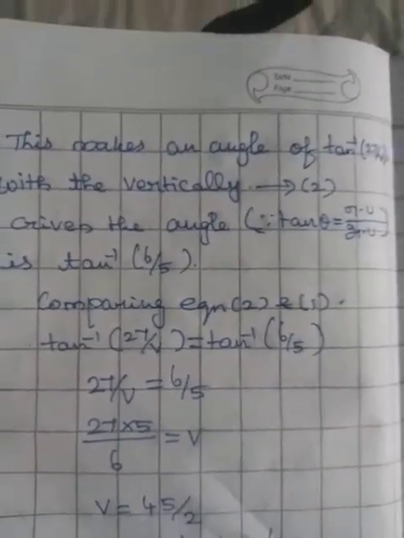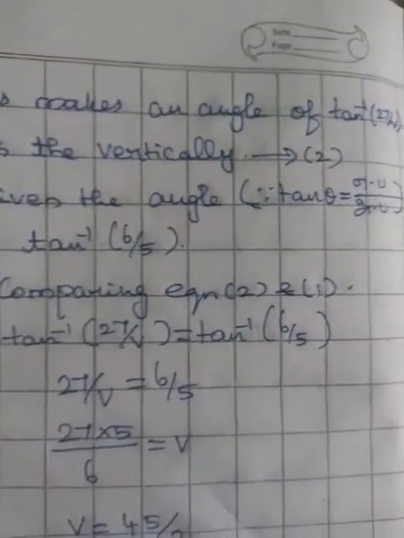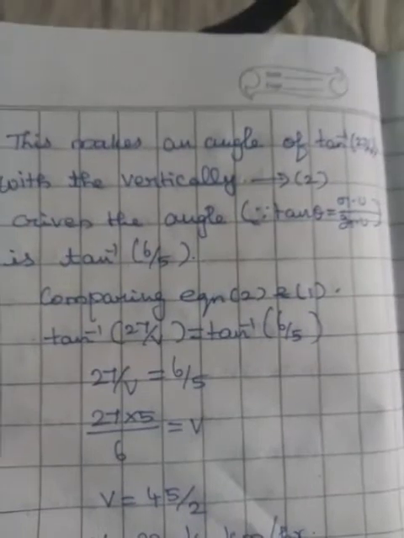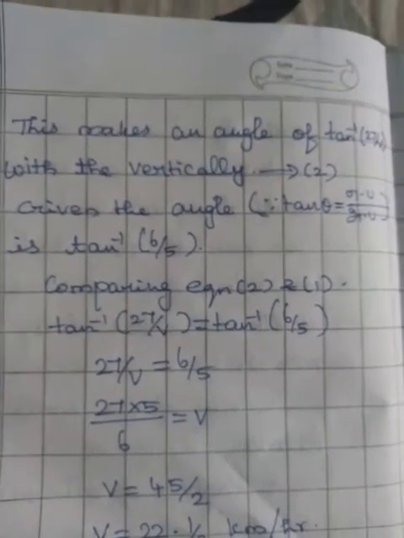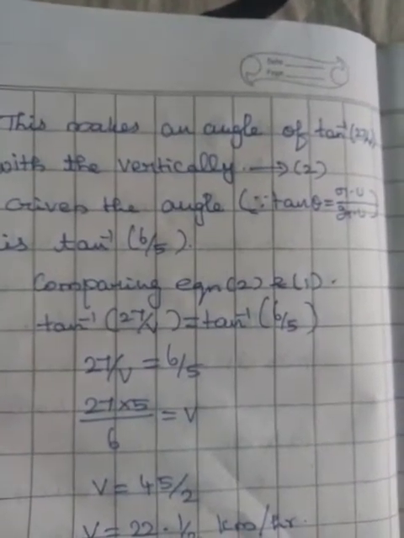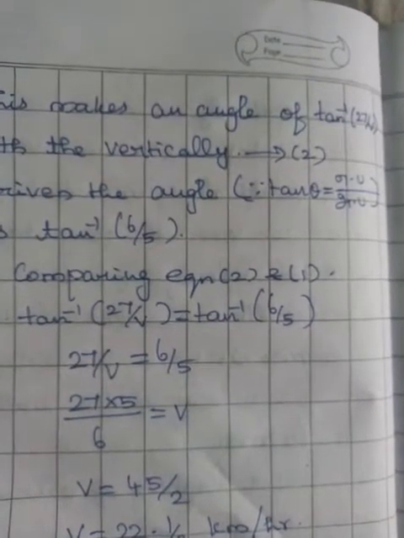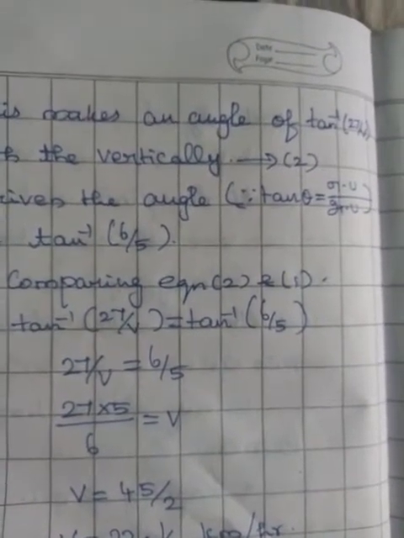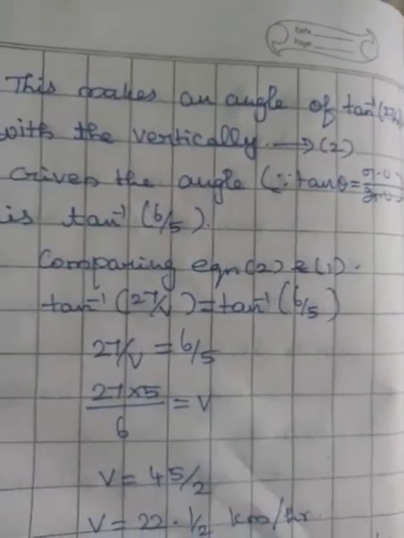This makes an angle of tan inverse of 27/V with the vertical. This is equation number 2. Given the angle is tan inverse of 6/5, since tan theta equals opposite side divided by adjacent side.